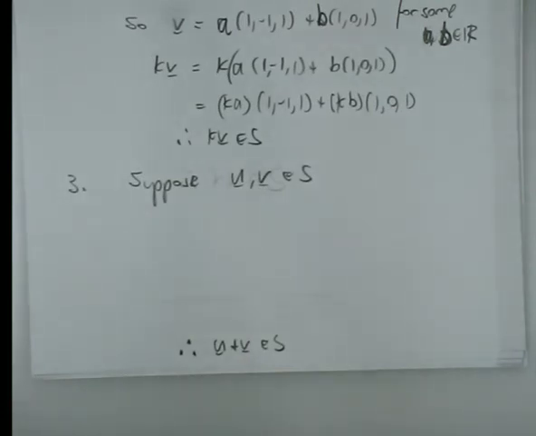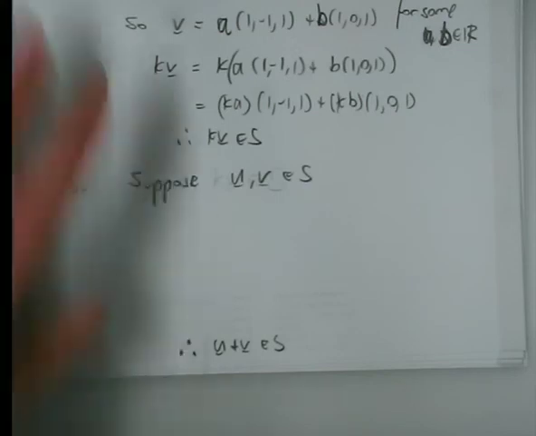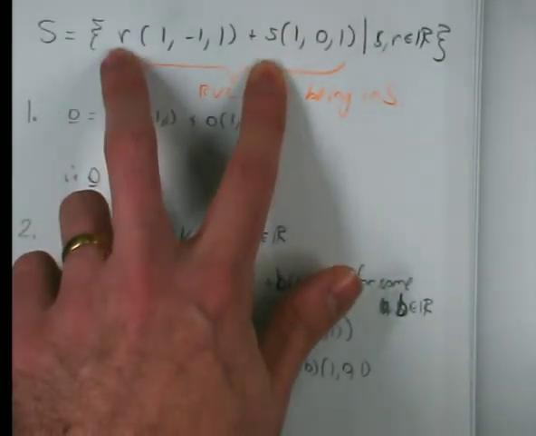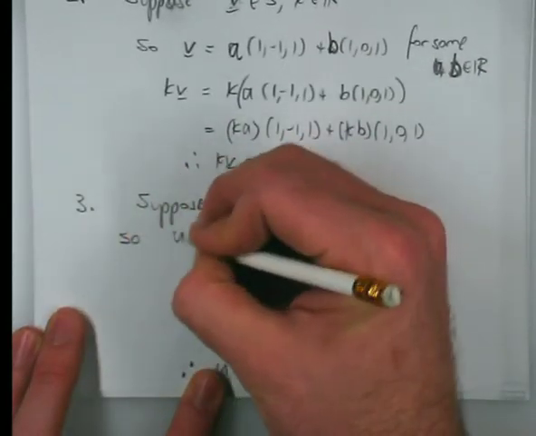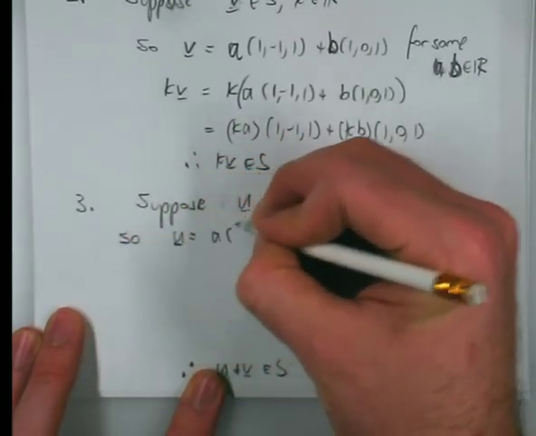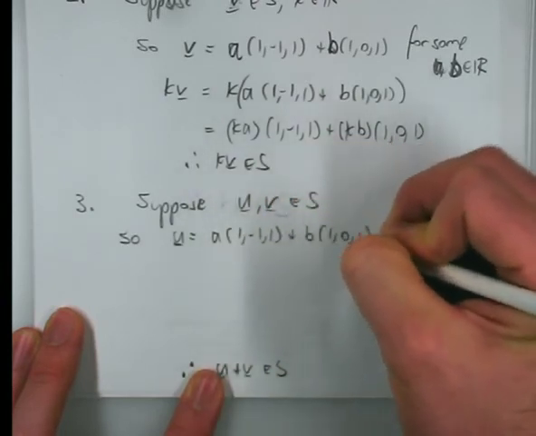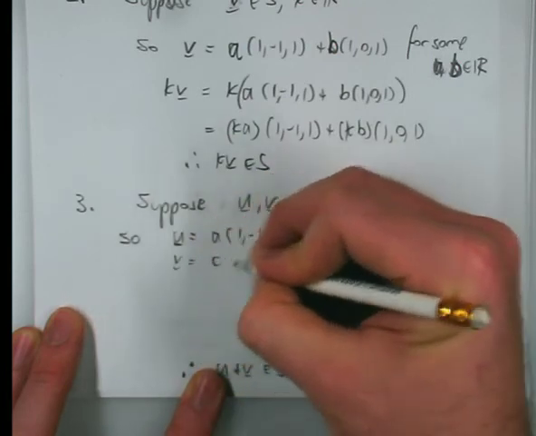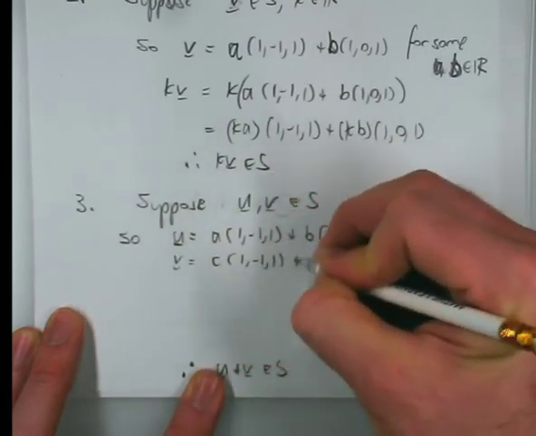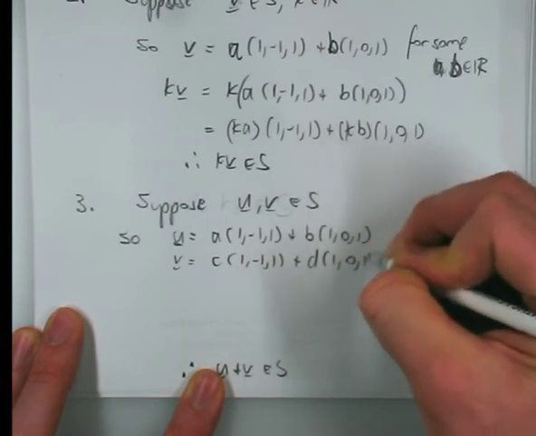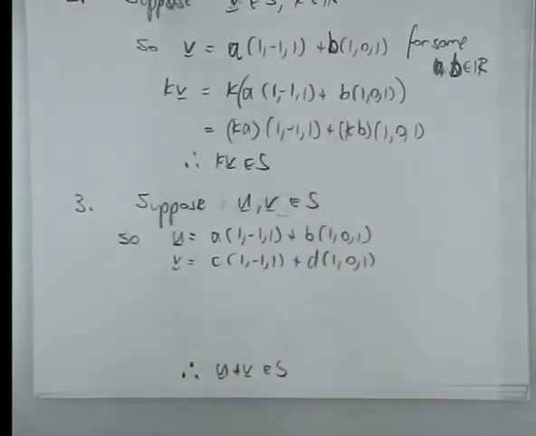The rule for U being in S is that U can be written like this for some choices of A and B. So U is something times 1, minus 1, 1, plus something times 1, 0, 1, and V is something times 1, minus 1, 1, plus something else times 1, 0, 1. You have to use different letters for the two of them because they could be different vectors, so they might have their own values.